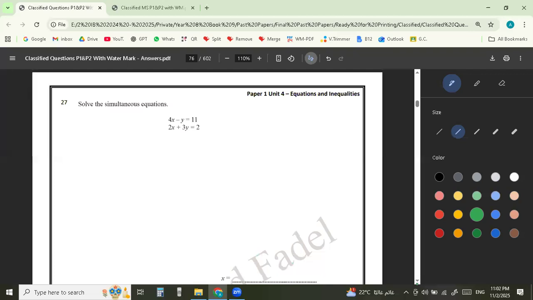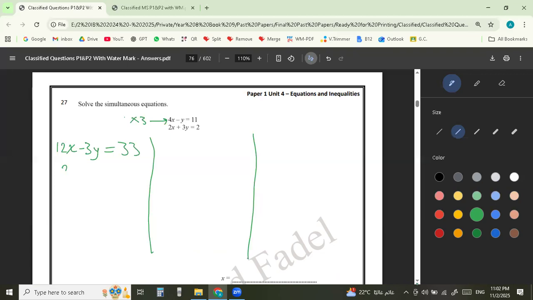Solve the simultaneous equation. I'm going to multiply this by what? By 3 to get y ready for elimination. Divide the page into 3 sections. Here is going to be 12x minus 3y equals 33, yes?